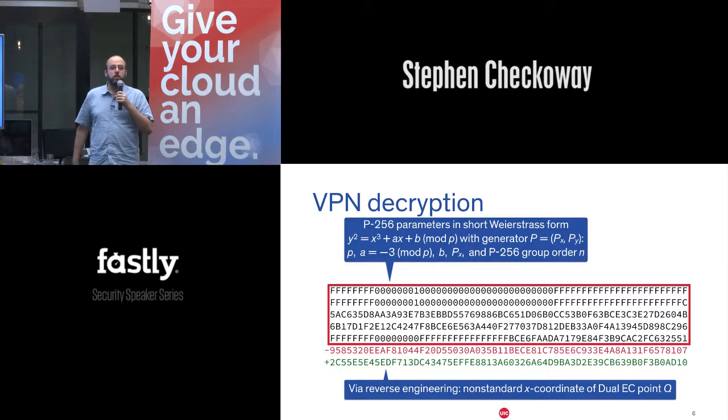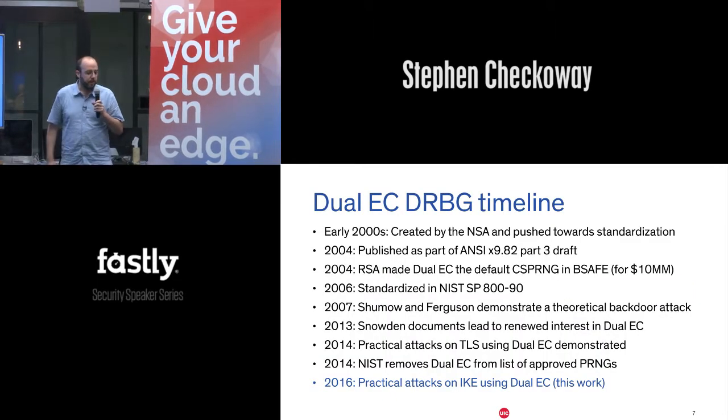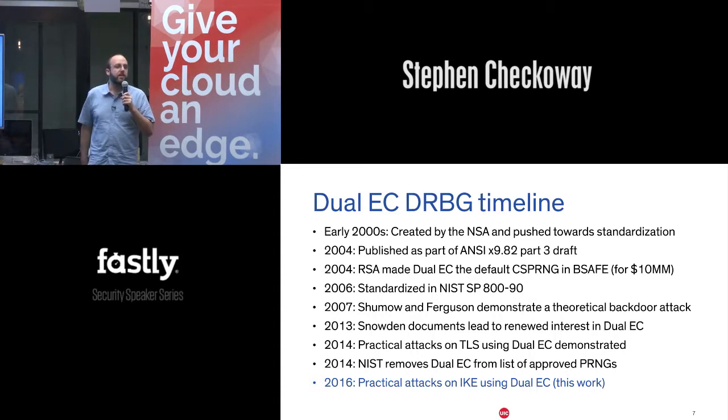So if you're not familiar with Dual EC DRBG, here's a bit of a timeline. This pseudo-random number generator was developed, or it was conceived of by the NSA in the early 2000s. And there was a real push to standardize it. It appears in, I think, at least 3 different standards, but ultimately NIST standardized it in 2006 in the special publication 800-90.